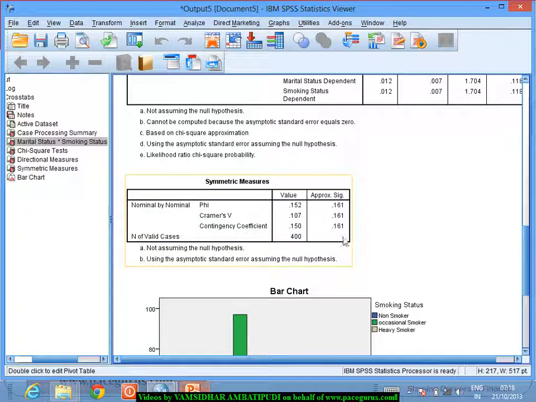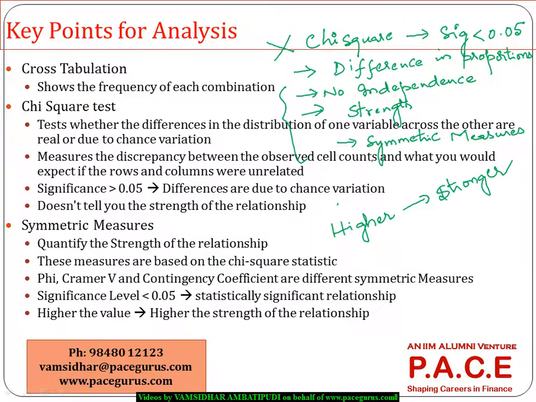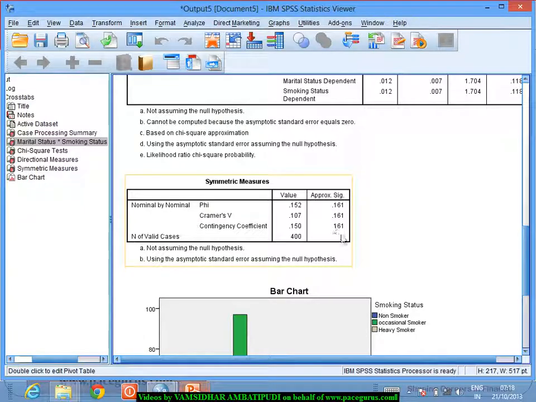However, if this number had been less than 0.05 and these values are like this only, then I would have said that at least there is a very weak relation. There is a difference in the usage. If these are greater than 0.05, I'll say that there is no relation.